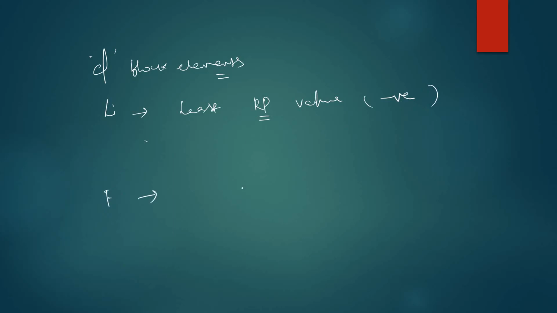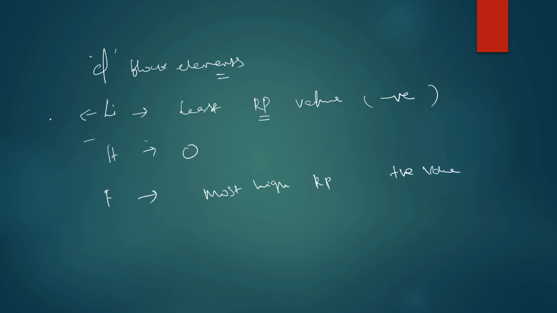Fluorine has the highest reduction potential value. That is a positive value, right? And hydrogen is zero. Hydrogen has zero reduction potential value, right? So here, what does it mean?